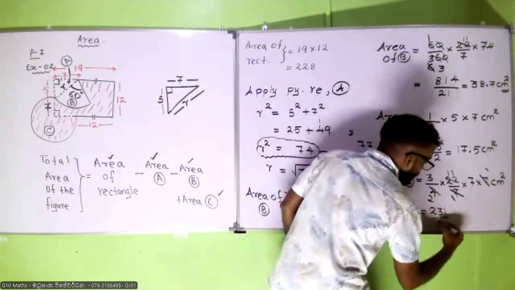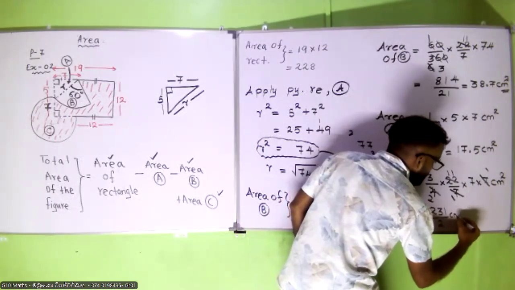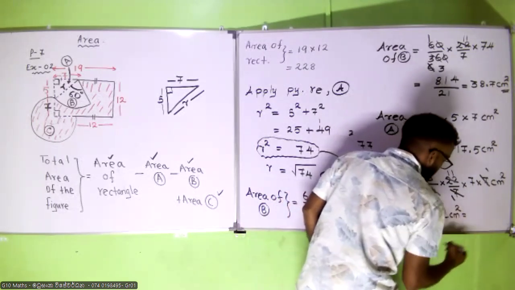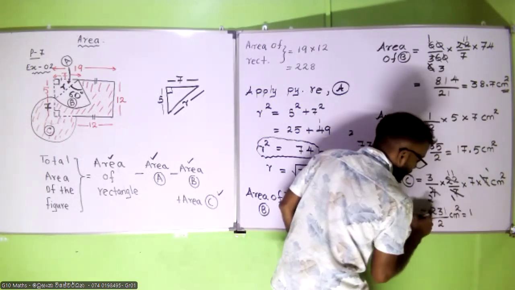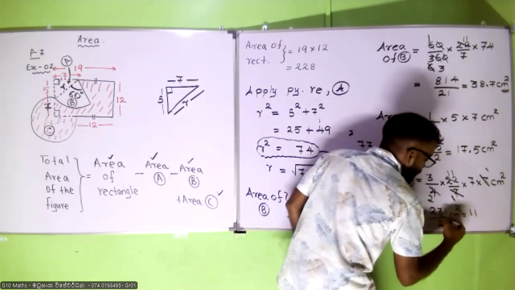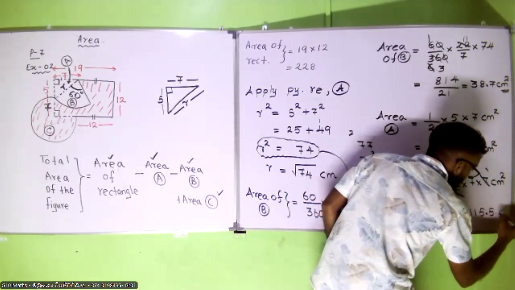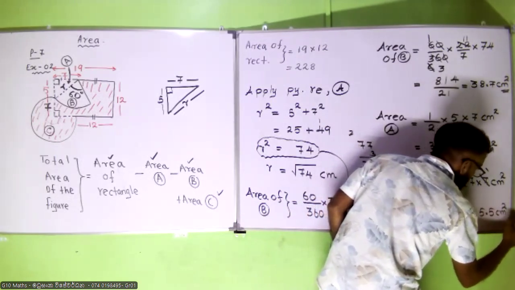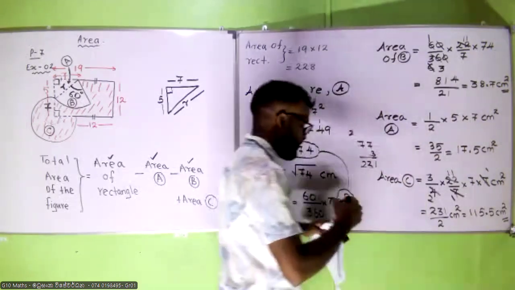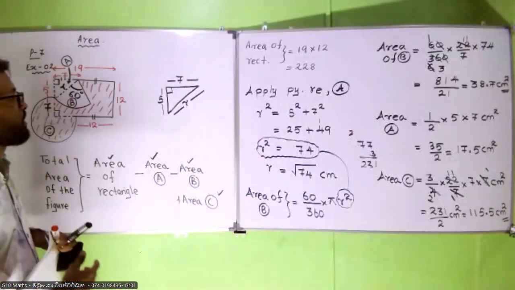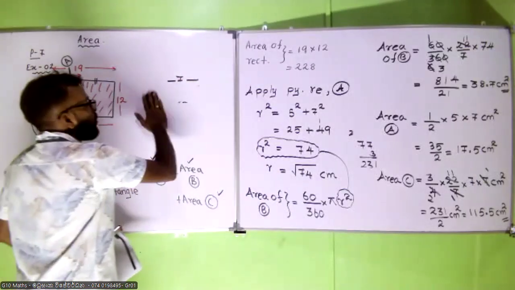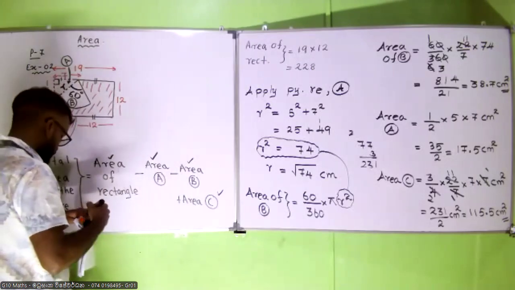Denominator, you are having 2 square centimeters, and you have to divide this: 115.5 square centimeters. Now, all the areas have been found.